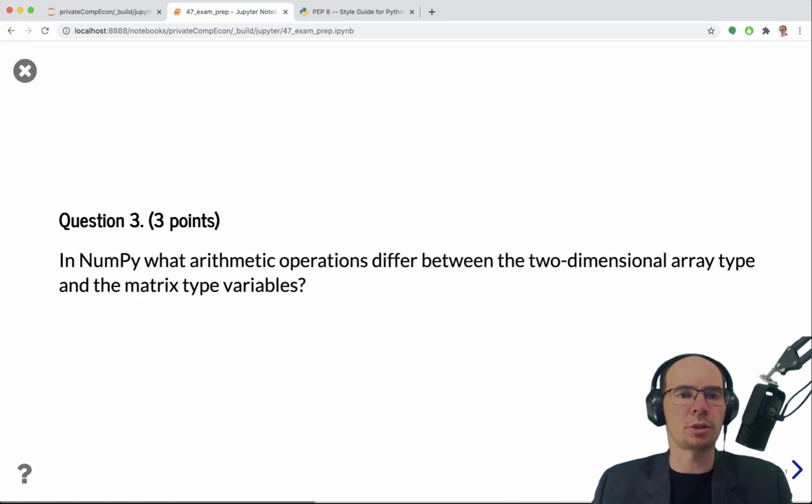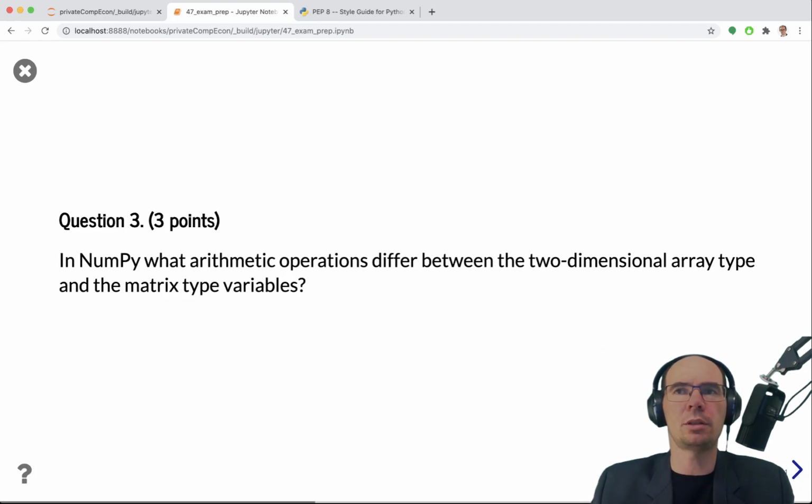Third example question. In NumPy, what arithmetic operations differ between the two-dimensional array type and the matrix type variables? Here, you may want to go back to the NumPy lecture. And we have mentioned that there is this special matrix type in NumPy, although it's been phased out as far as I'm aware.